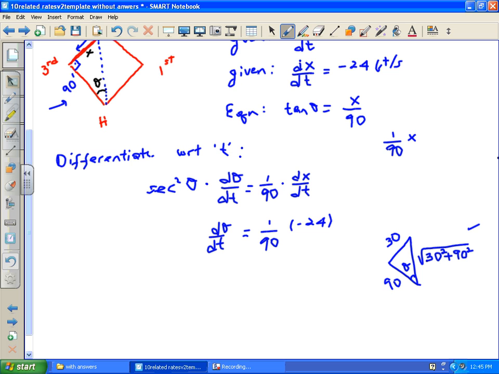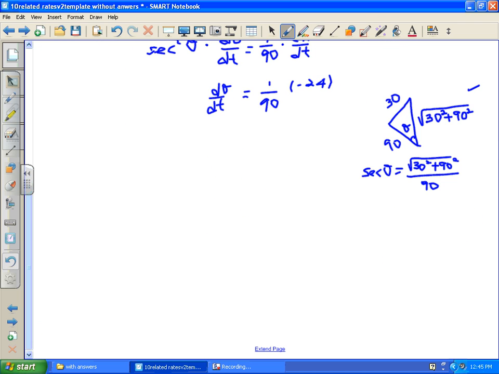All right, so now secant theta from this triangle is hypotenuse over adjacent, which is this. But remember that we need secant square of theta. So secant square of theta, squaring the right hand side, on the top we'll lose the radical, right?